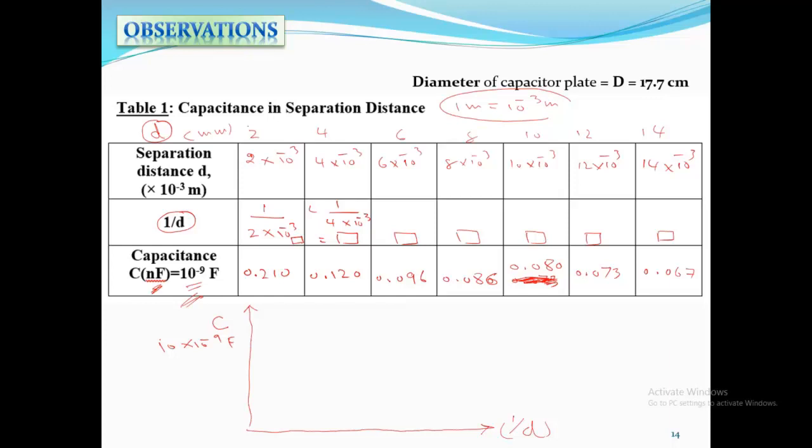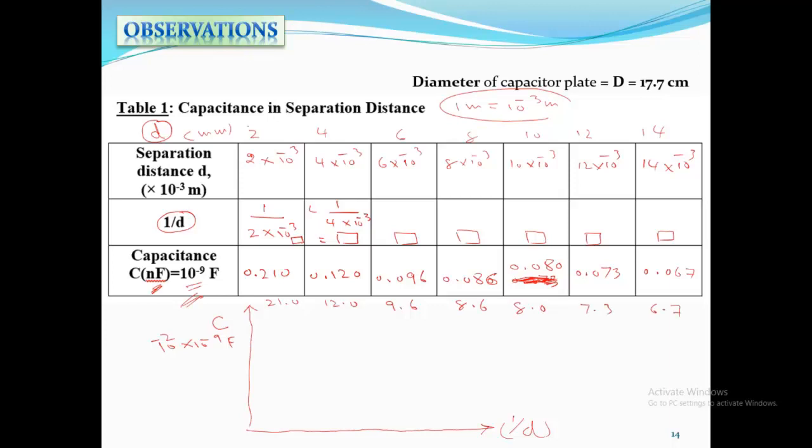minus 2, so that you will shift this decimal by 2 more points. So it will be like 21, it will be 12, it will be 9.6, it will be 8.6, it will be 8, it will be 7.3, it will be 6.9.